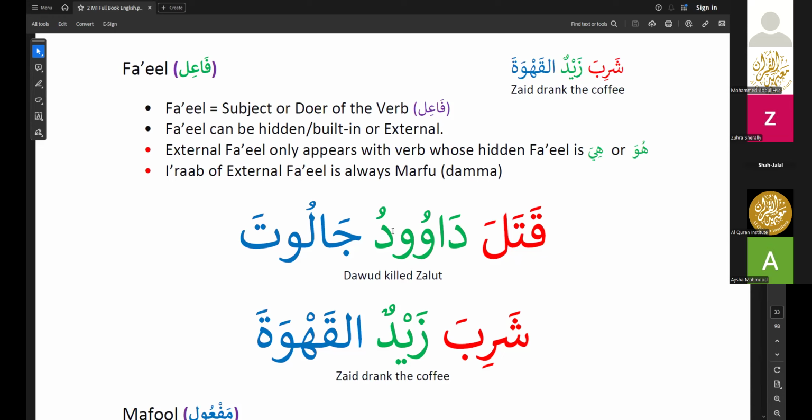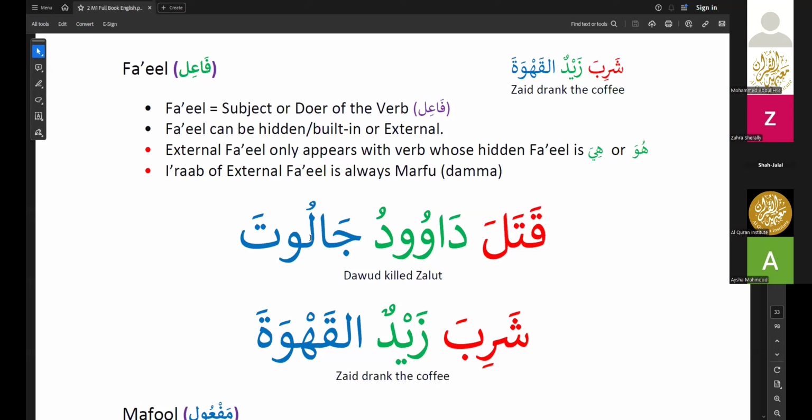So looking at the i'rab, we can tell whether the word is fa'il or maf'ul. The fa'il will have the dhamma, and the maf'ul, we will learn later, will have the fatha. So Qatala Daudu Jaluta means Daud killed Jalut.